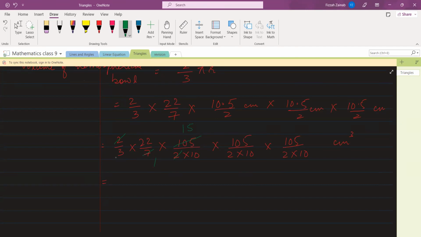Okay. Now you can use this 3. So 3 into 1 and 3 into 5 is 15. Again, you can use this 5. So 5 into 1 and 5 into 2. With this 2, you can make it 11. Yeah, that's it.